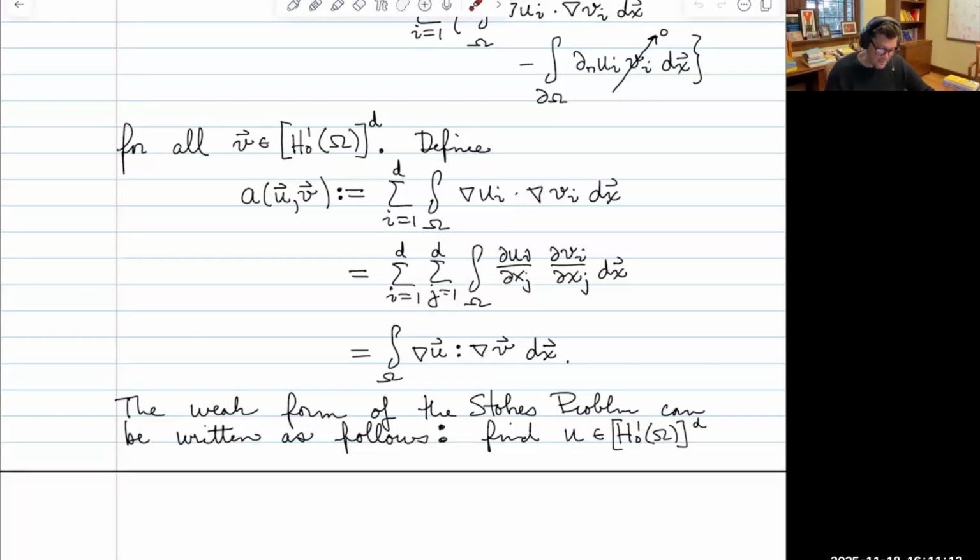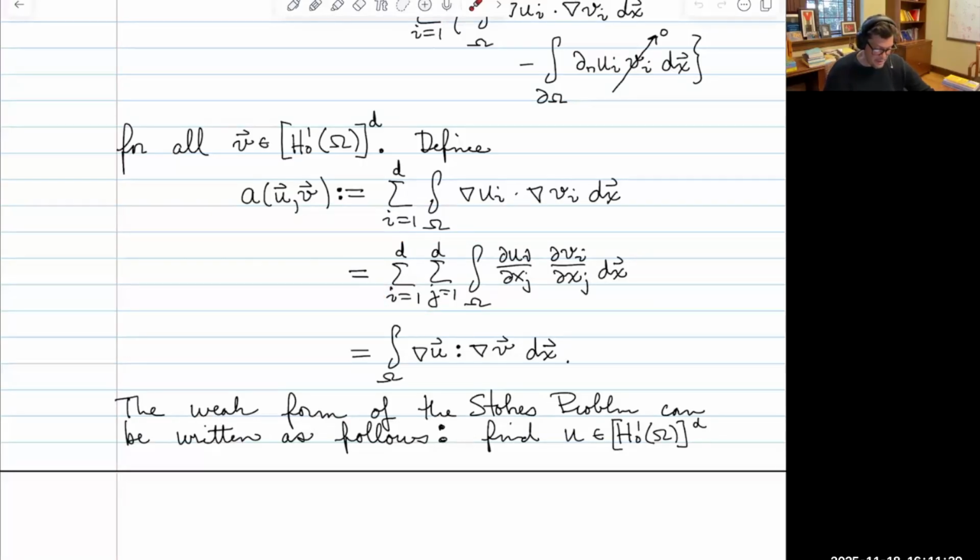And so that's dui/dxj times dvi/dxj. And so that's what this term becomes. Again, I had a summation that was inside and I brought it out to the outside using the linearity of the integral. Okay, so this is exactly how we defined this bilinear form previously.